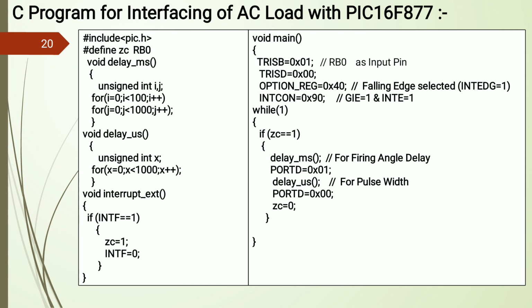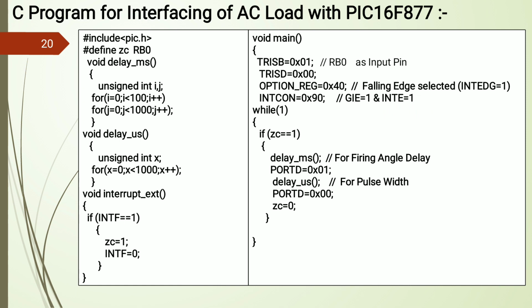If we enable the PIE, then it is good, but for external interrupt it is not required, as it is not a peripheral interrupt. So it is not mandatory to make PIE equal to 1, but if you make it 1, no problem. So as per the requirement of bit selection or interrupt enabling, INTCON becomes 90H.